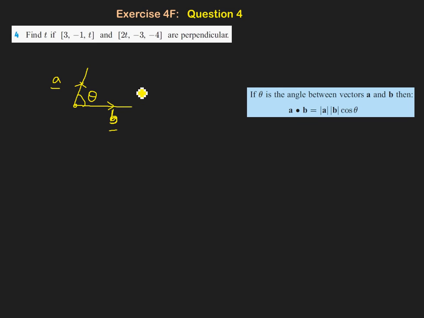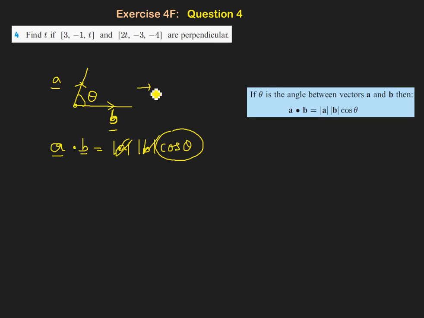Now, because the formula says A dot B is equal to this times this times cosine theta, and this is just a value, right? As long as the vector is non-zero, it will have a value. So okay, it's fine. So probably we can do something with cosine theta.